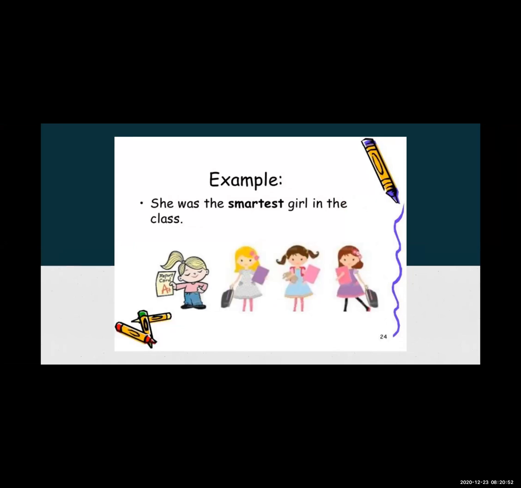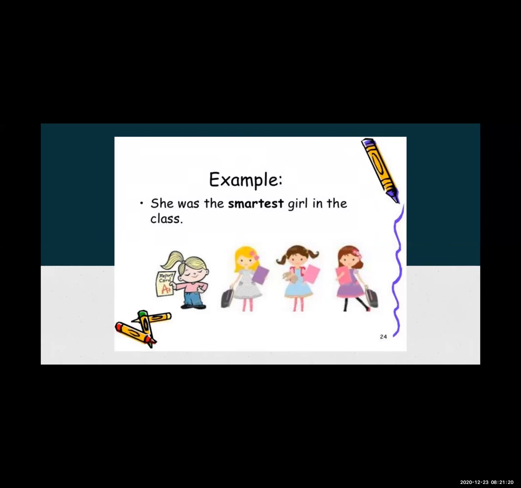She was the smartest girl in the class. Now suppose there are four girls. If I have to point to one particular girl, how will I say that? There is this girl who is the smartest among all of them.